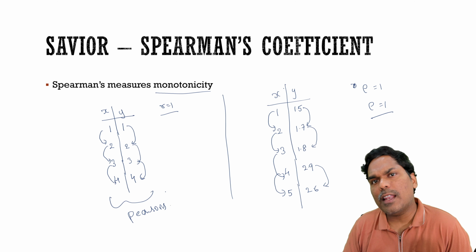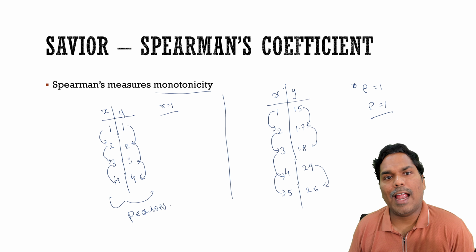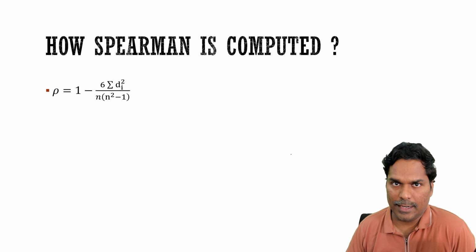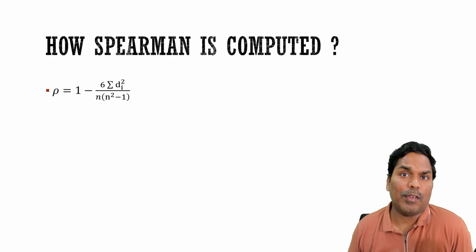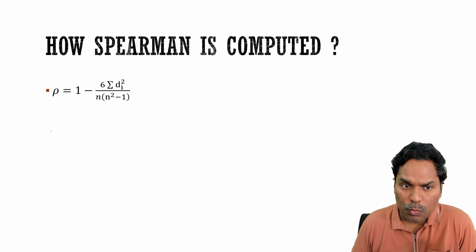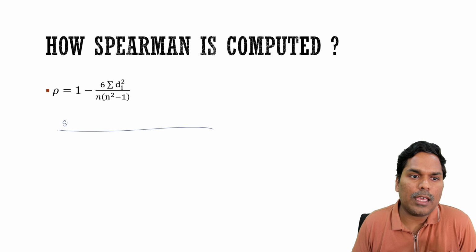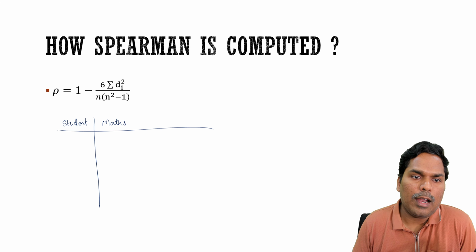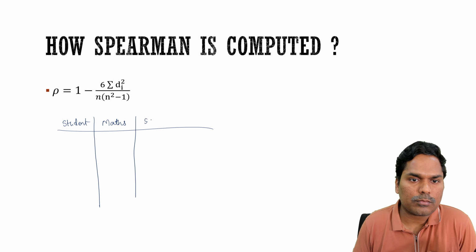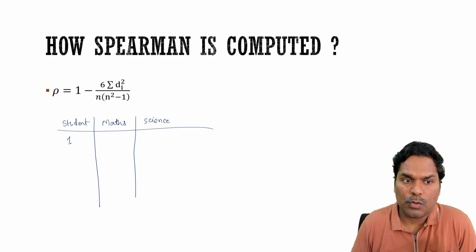So we will take a small example and see how Spearman's is calculated, and based on that we will take it further. I'll take a student example. Let's say student, their math score and their science score. I'm interested in the correlation between both of them. Students 1, 2, 3, 4 and 5.